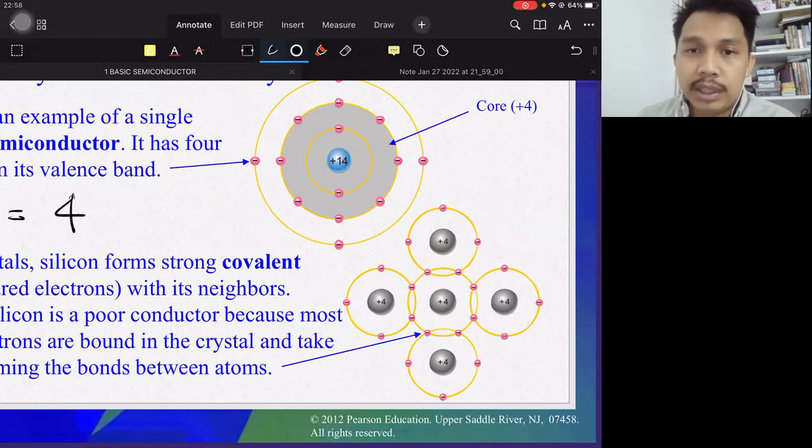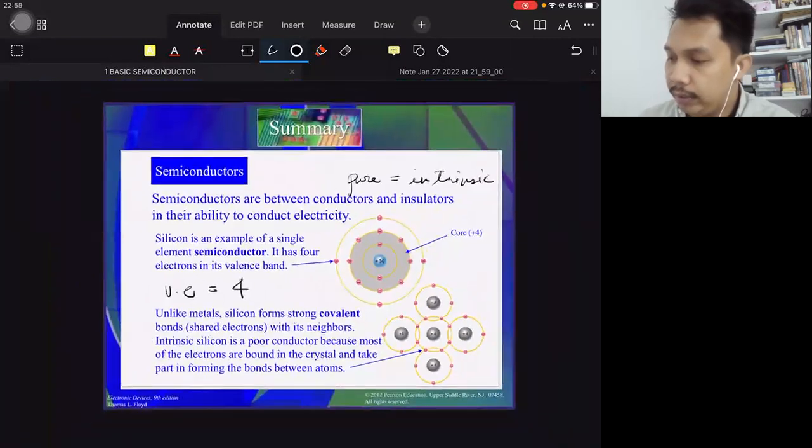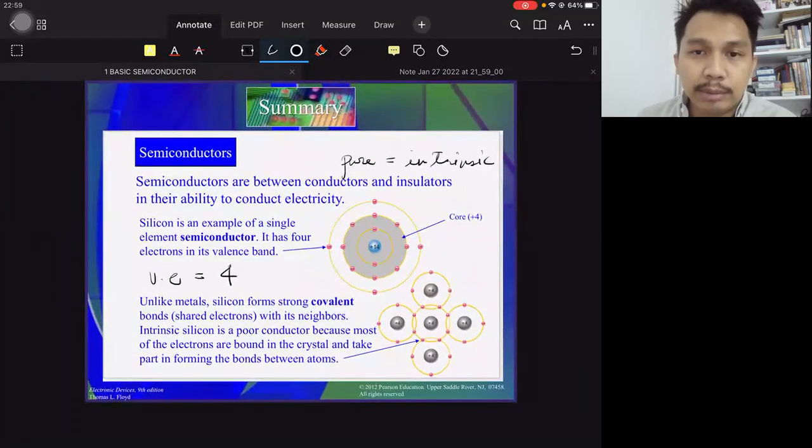Also, this sharing of valence electrons produces a strong covalent bond that holds atoms together. Each valence electron is attracted equally by the 2 adjacent bonds which share it. Covalent bonding in an intrinsic silicon crystal is shown in the figure.